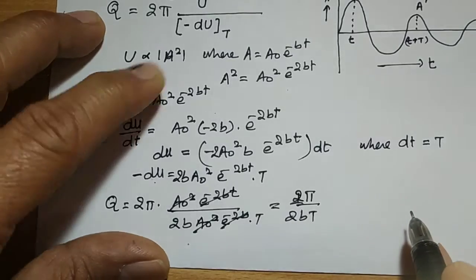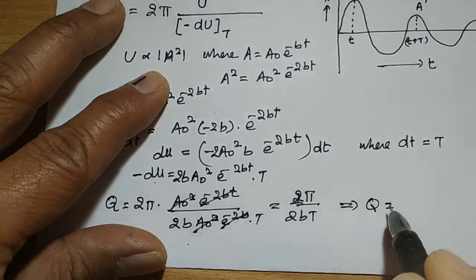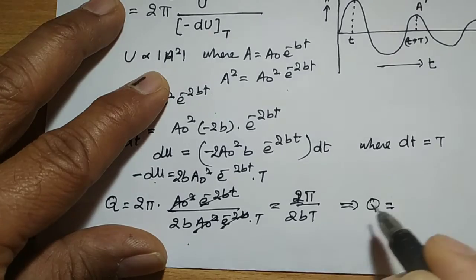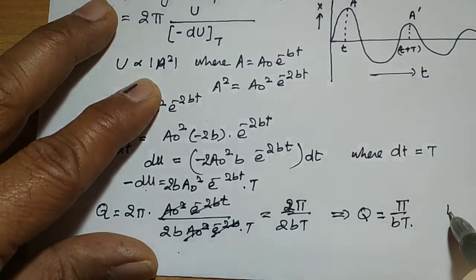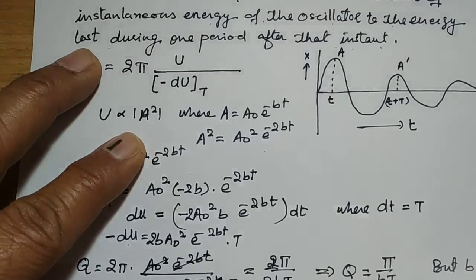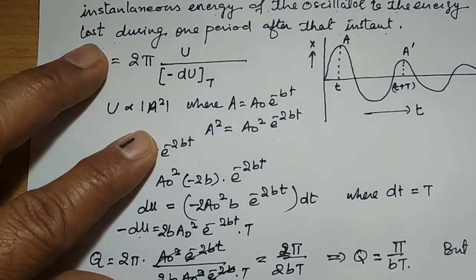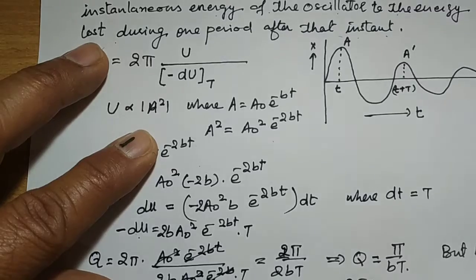So the quality factor comes out to be, 2 cancels, pi over bT, but b is equal to r over 2m. Therefore Q is equal to 2 pi m over rT.